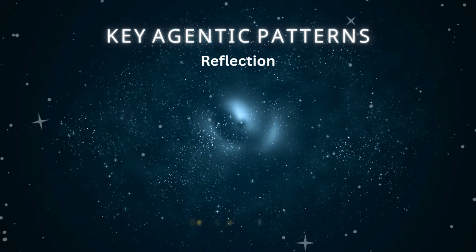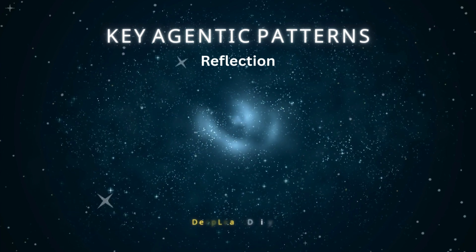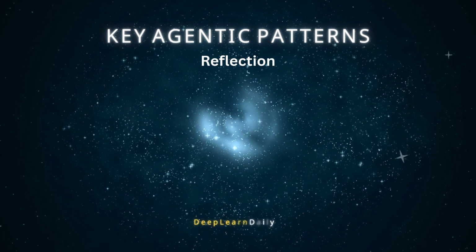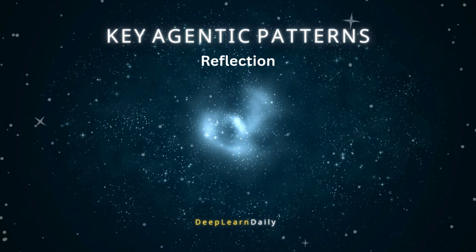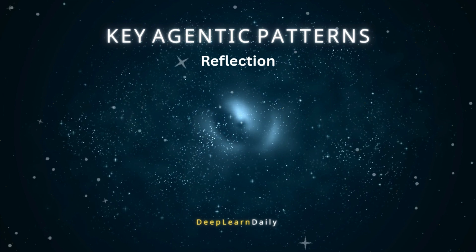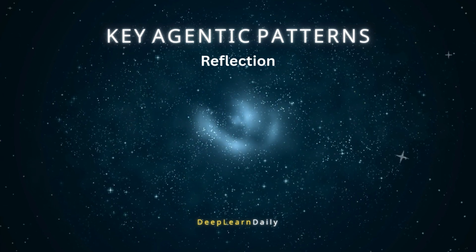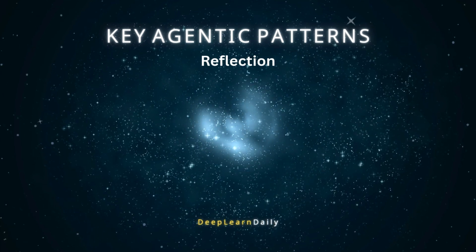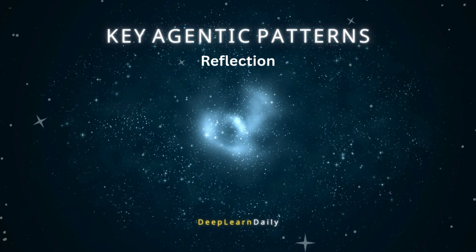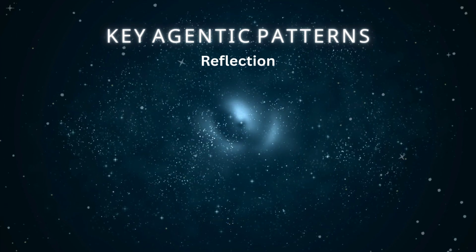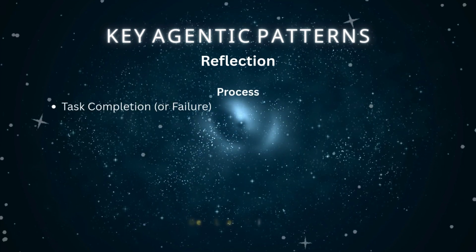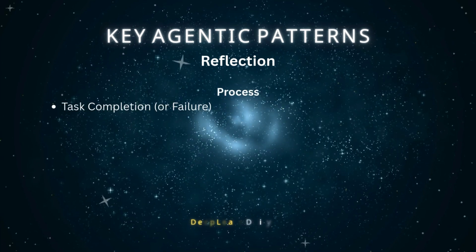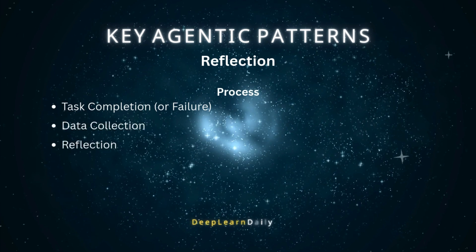The reflection pattern involves the agent pausing to reflect on its past actions, reasoning, and outcomes. This self-assessment allows the agent to identify areas for improvement, learn from mistakes, and refine its strategies for future tasks. Task completion or failure. The agent finishes an attempt to achieve a goal. Data collection.